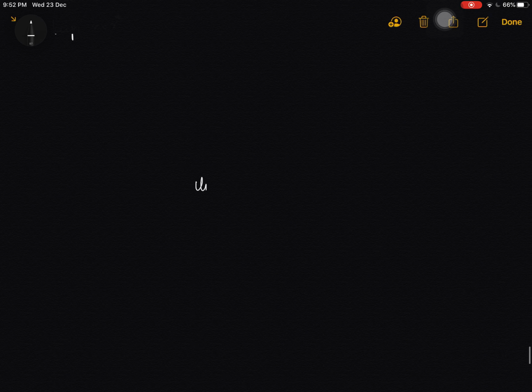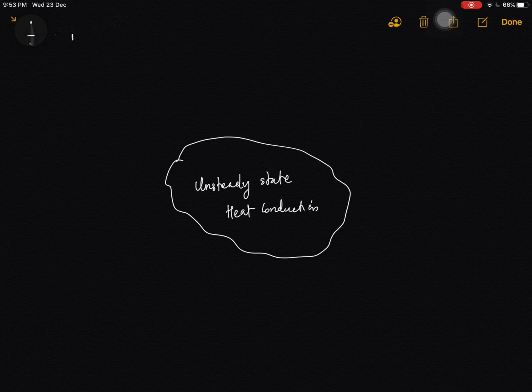And then in unsteady state heat conduction, we considered unsteady heat conduction problems and analyzed them by using a method called the lumped capacity method.